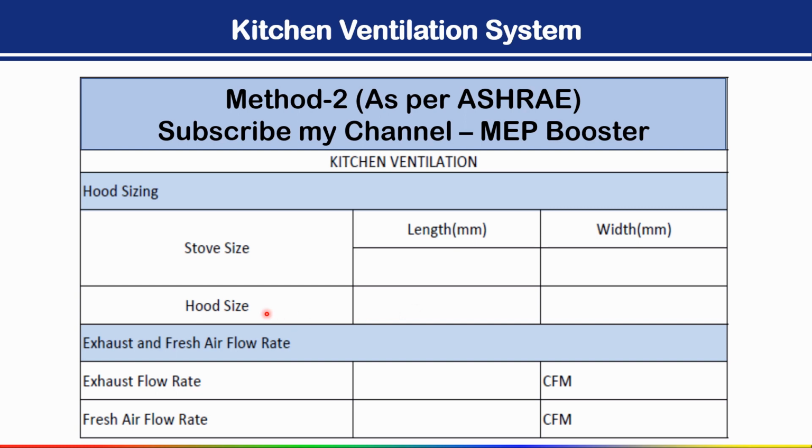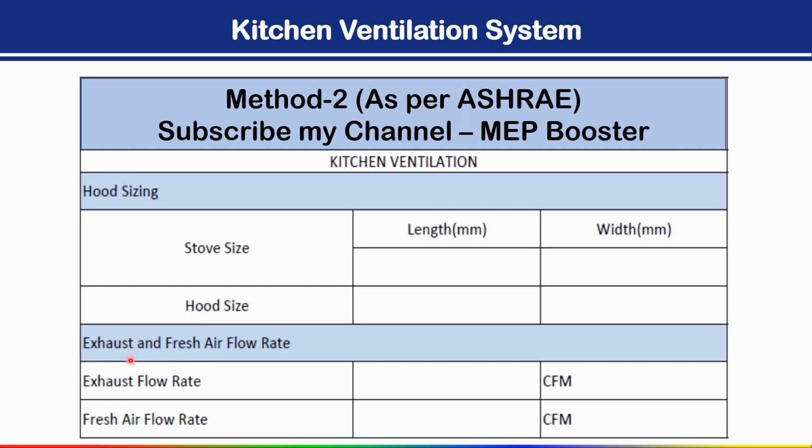So the hood size you will get is 200 plus 300, 500 mm. Same thing for width: here also we have to maintain the overhang for wall mounted, 6 inch on the sides, or for the front 6 to 12 inch for full capture. It will be clearer when I take one numerical, so you will understand properly.